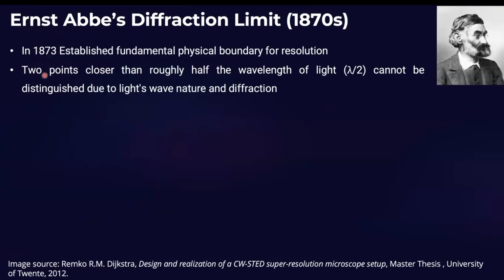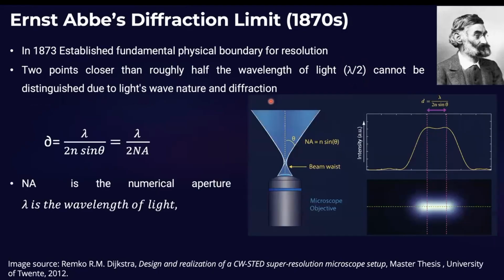He proposed that 2 points closer than roughly half the wavelength of light cannot be distinguished due to light's wave nature and diffraction. So he proposed the formula where he said the numerical aperture of the objective lens becomes also an important parameter along with the wavelength of light.